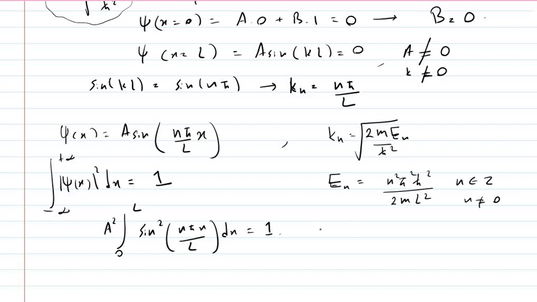Now, there is a trigonometric identity: cosine 2 theta is equal to 1 minus 2 sine squared theta. I am going to use that for this particular equation.